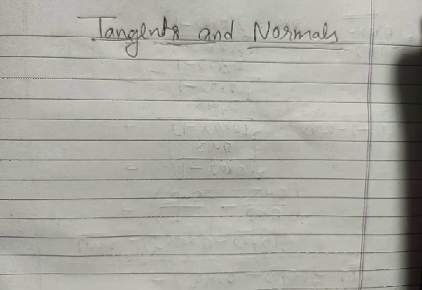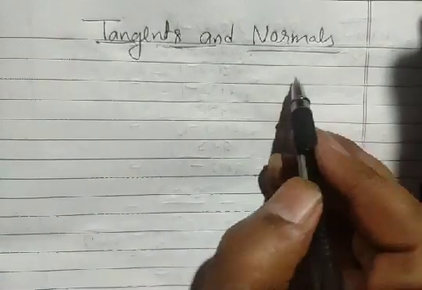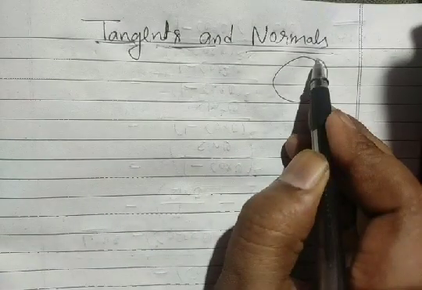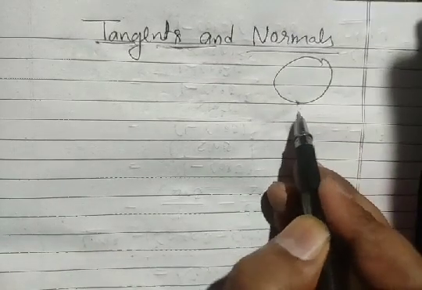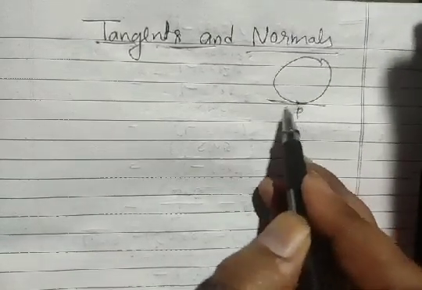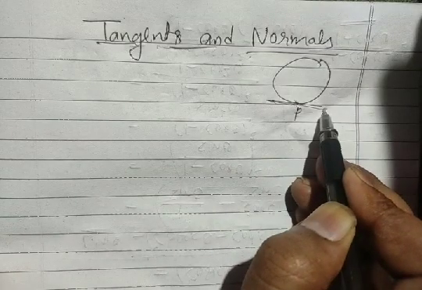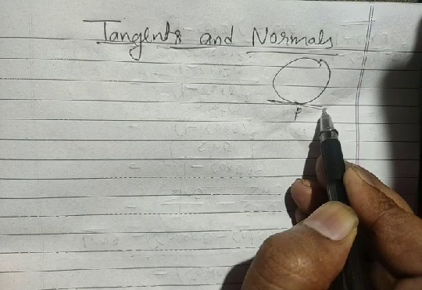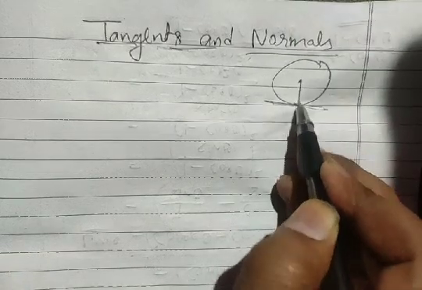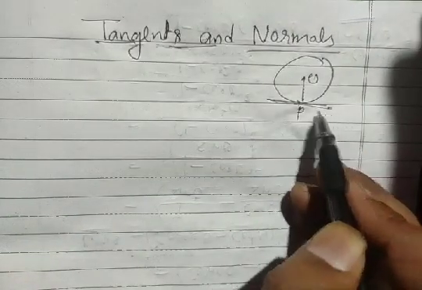For a circle, if somebody asks what a tangent is at a point P, what would your answer be? The tangent line at point P is a line that is perpendicular to the radius.